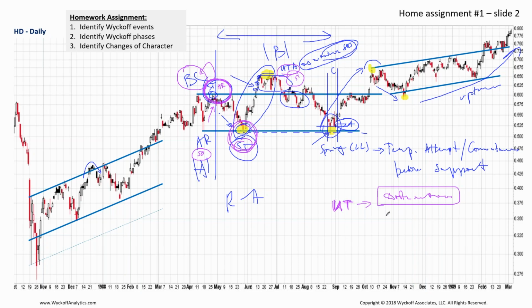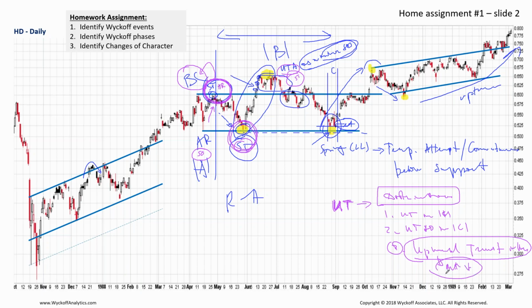So upthrust was associated first with the upthrust in phase B of the distribution, and then the upthrust after distribution in phase C. It also was associated with the upthrust in the uptrend, and we would use this as a momentum tool, where the momentum increases or decreases on the rally.